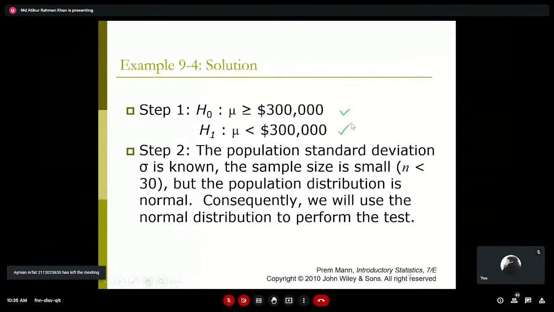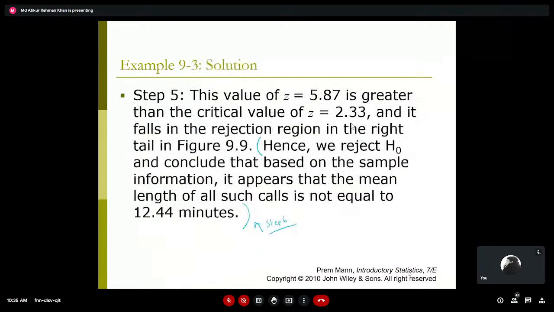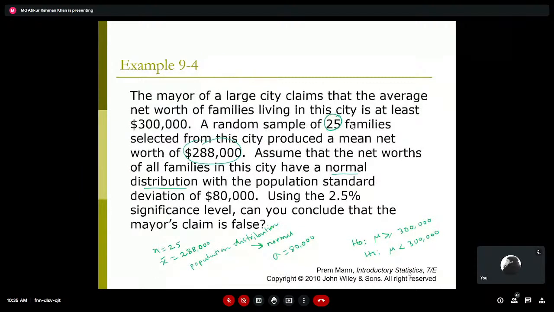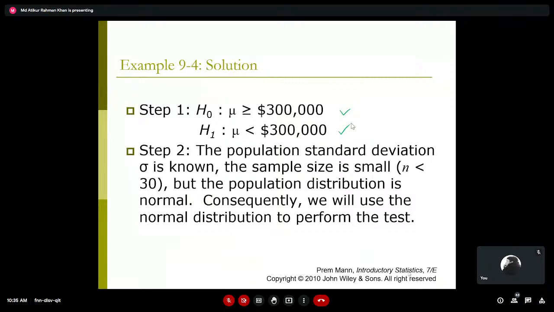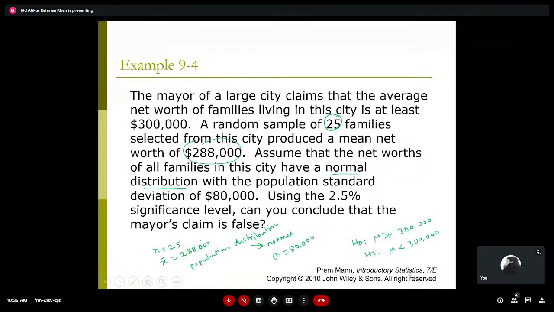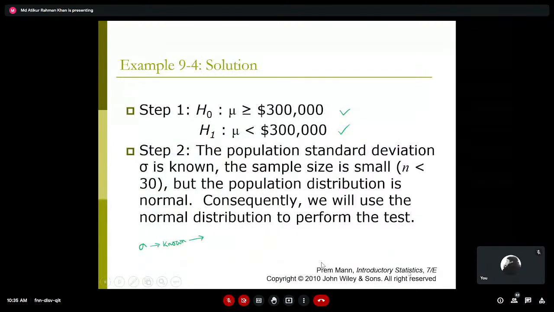Now I have to select the distribution, so you can follow the path. Sigma is known, as you can see. Sample size n is less than 30, so we have to check the population distribution.